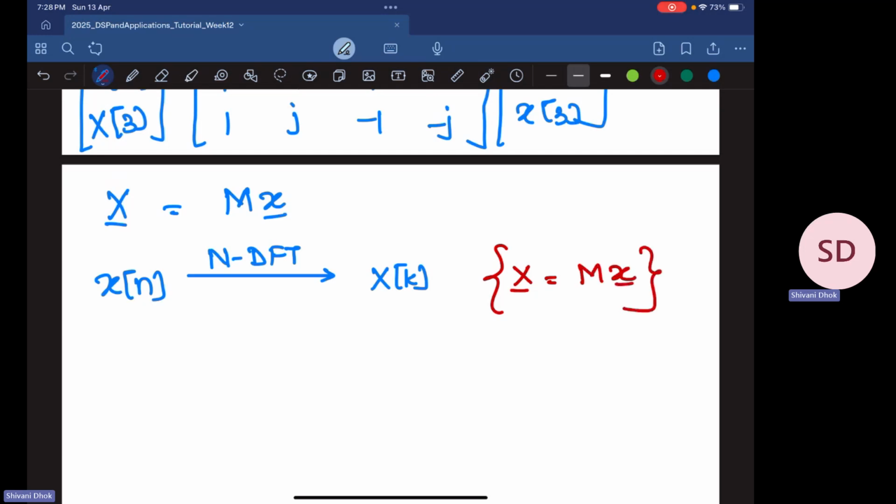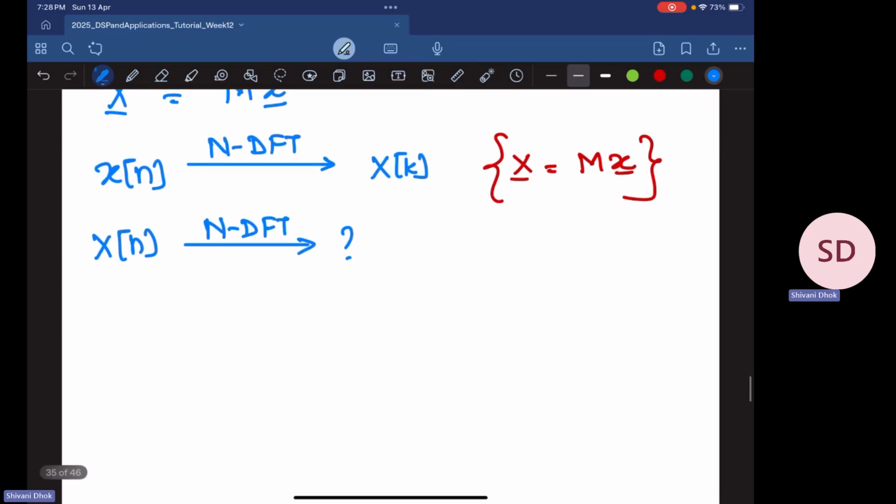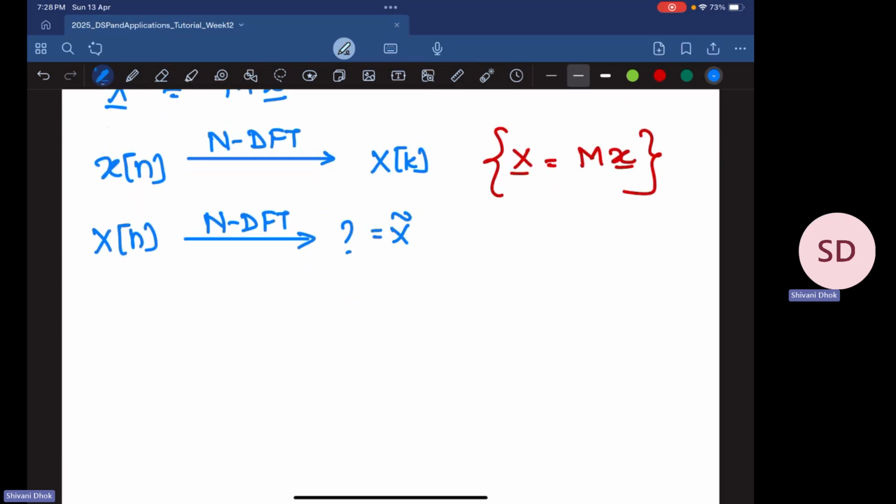Okay. Now what happens if I find the DFT of X of k? That is, what if I have capital X of n, then what is its DFT? Let us try to figure out. Let's say it is some X tilde of k, capital X tilde of k.